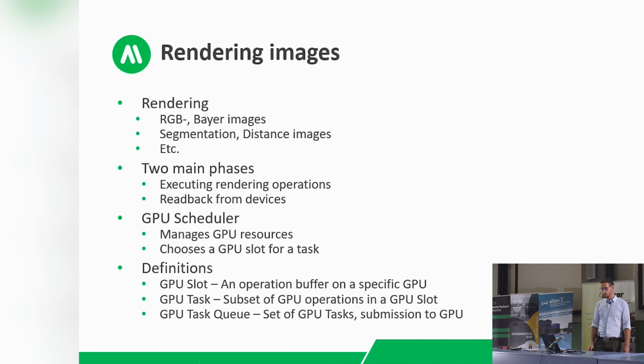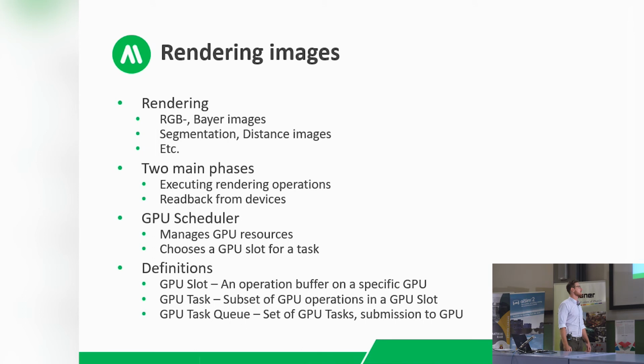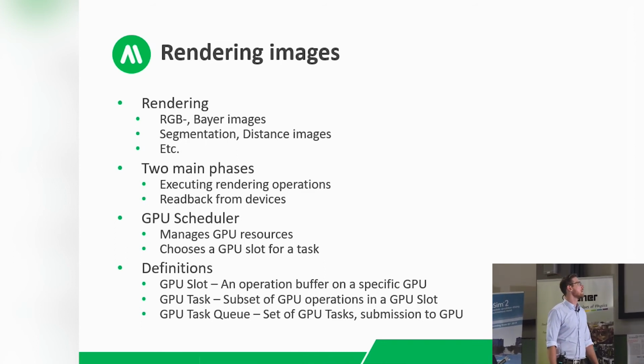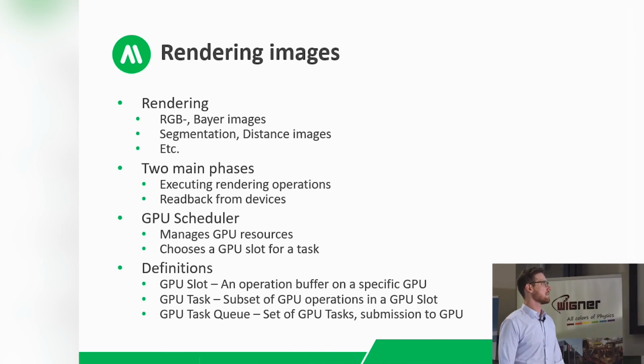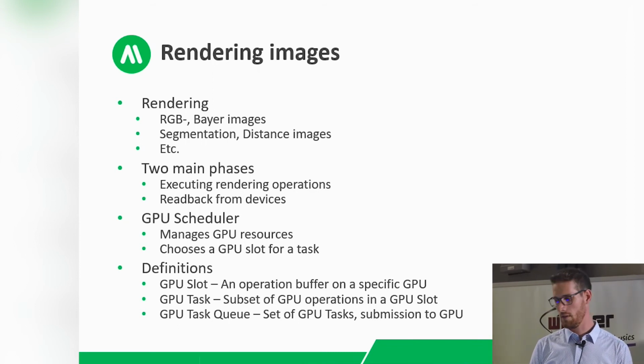A GPU slot is an operation buffer on a specific GPU, so you can put those operations into that. The GPU task is a subset of GPU operations for a GPU slot. And the GPU task queue is a set of GPU tasks which will be submitted to the GPU.